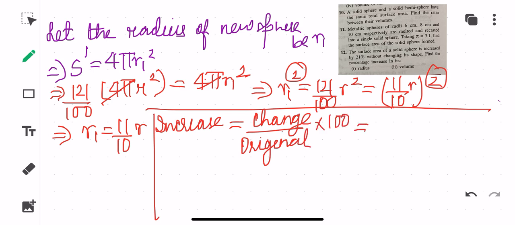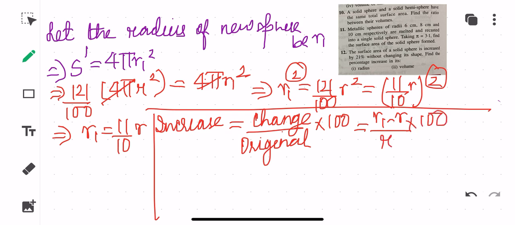So change means what, children? What is the original radius? The original radius is r. It's not necessary that the original should be subtracted. Whatever is the difference that you have to take, and that has to be positive. So you'll take r1 minus r upon original, which is of course r, into 100.